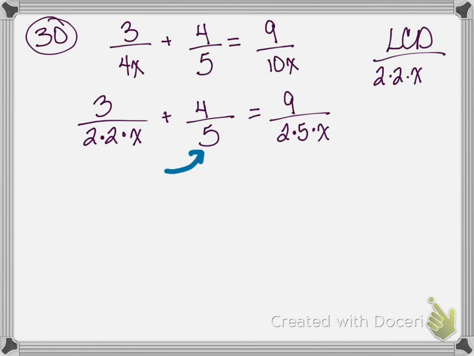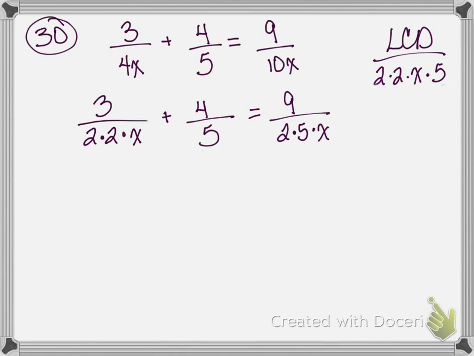No. So I've got to do times 5. Now, when I look at this one, I already have a 2, an x, and a 5. So do I need to add anything else to this? No.